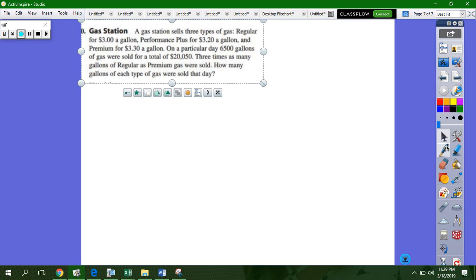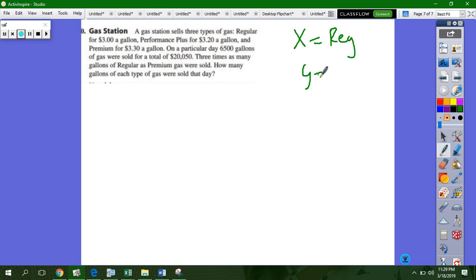So it says, a gas station sells 3 types of gas: regular, performance plus, and premium. So we're going to call that X for regular, Y for performance plus, sorry about that, and Z is for premium, just so we know our variables.